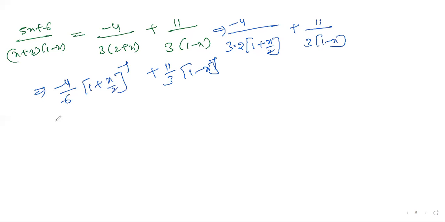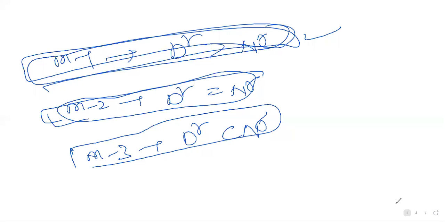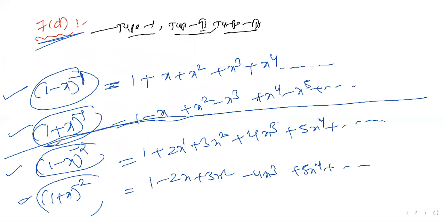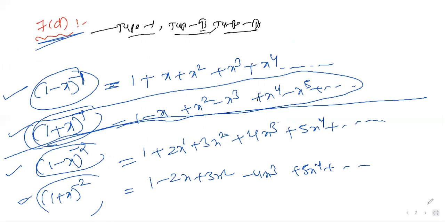No doubt. Okay. Now I'm trying to open it. It is minus 4 by 6 into 1 plus x whole inverse, where you can treat it as x. What is the formula? 1 plus x whole inverse is 1 minus x plus x square minus x cube plus x power 4, alternating plus and minus.